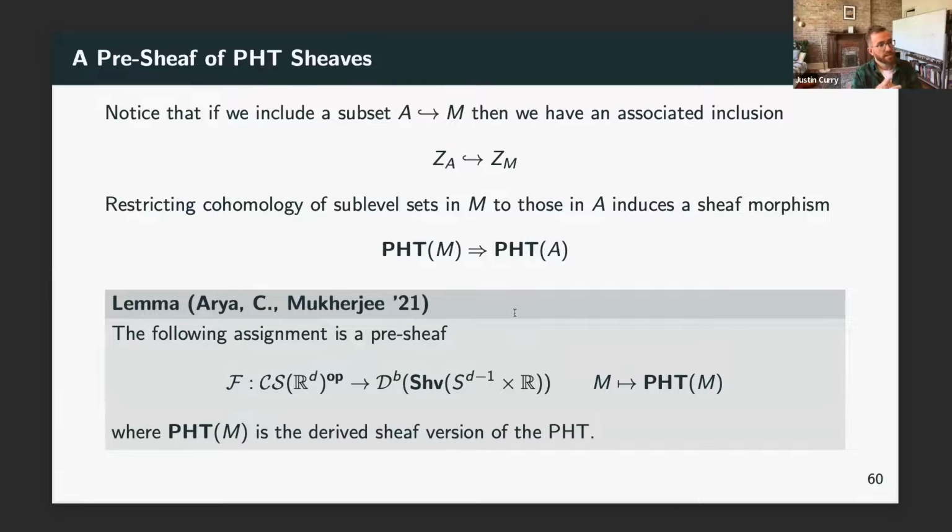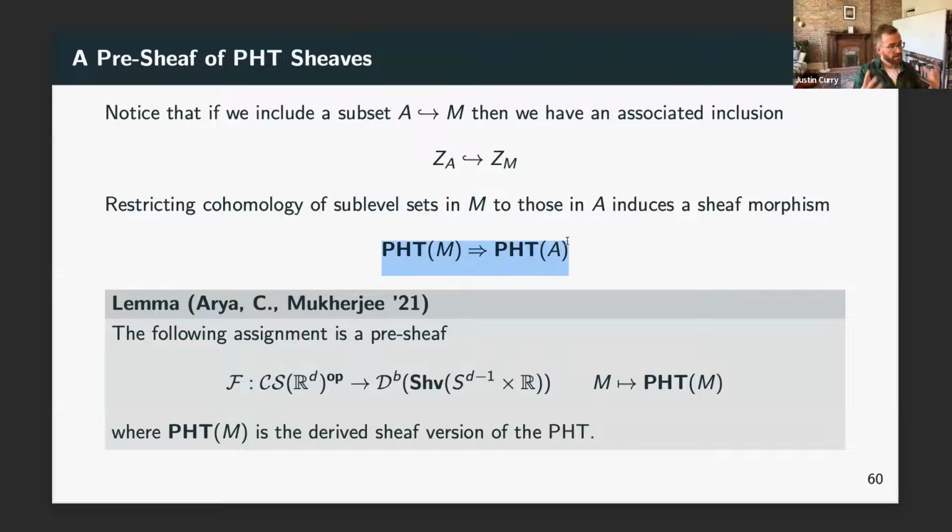Now, a few years later, Shreya Arya, who's a really brilliant grad student at Duke, working with Sayan, made the observation that if I have two subsets, A included inside of M, then there's a natural inclusion of these auxiliary spaces, Z_A and Z_M. Consequently, if I restrict the cohomology of the sublevel set inside of M to the cohomology of the sublevel set inside of A, then I get a map of sheaves.